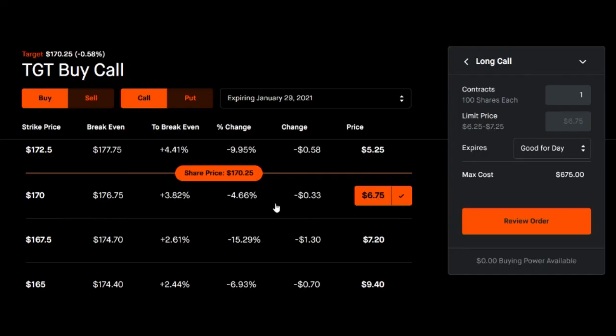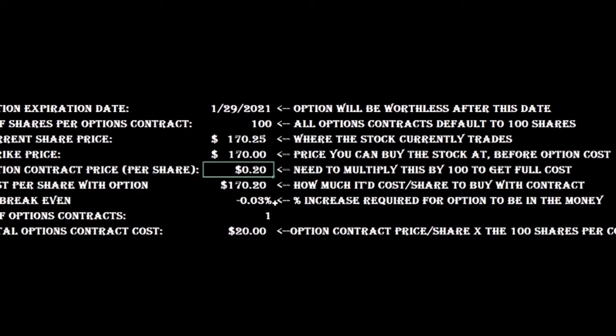But the option cost per share is $6.75. Okay. And then this is saying that the cost per share with the option included into it is $176.75. So if you wanted to buy this in the future, that's what you'd be paying.